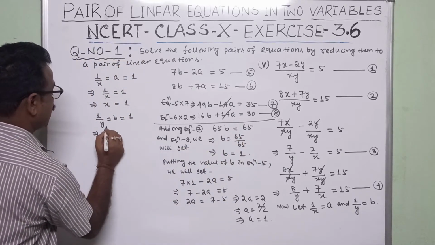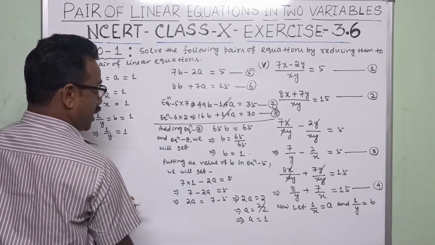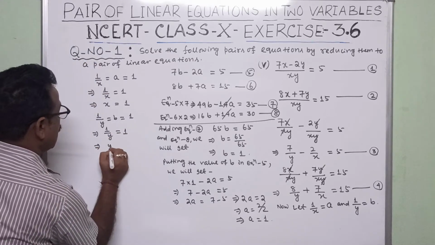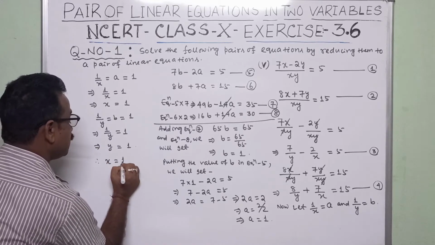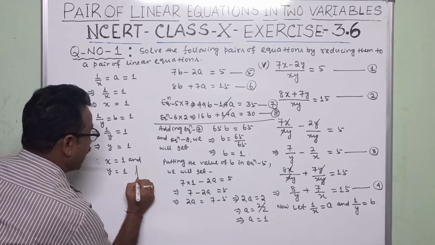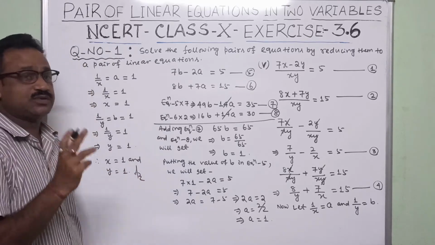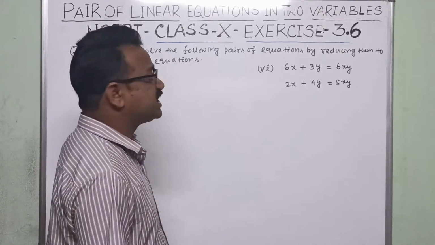That implies 1 by y is equal to 1. That implies y is equal to 1. Therefore x is equal to 1 and y is equal to 1 is the required solution of bit 5. Note it down. Now move on to bit 6.